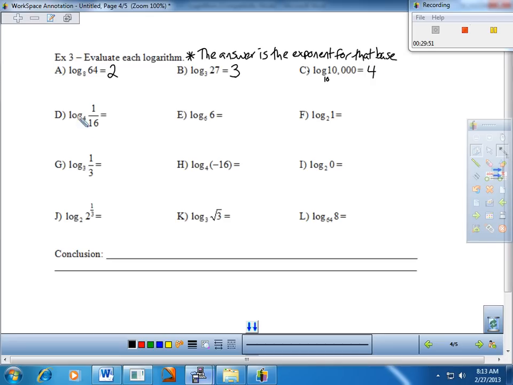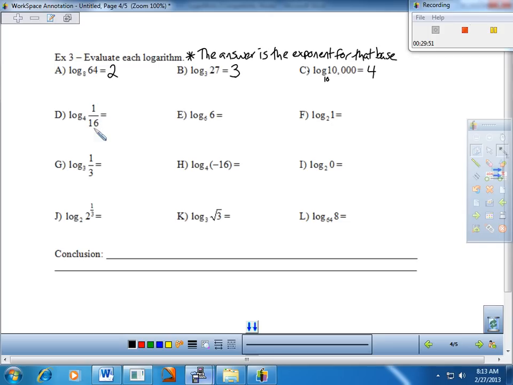But letter D says log base 4 of 1/16. So you're asking yourself, 4 to the what power is 1 over 16? Well, here's what's interesting about these fractions, and we've seen these before. If this was just 16, you would say 4 to the 2nd is 16, so the answer would be 2. But how do I get a 1 over situation using an exponent?